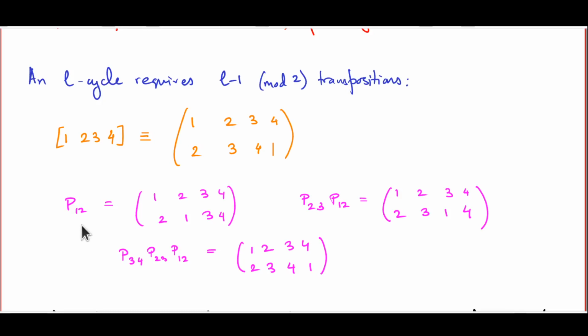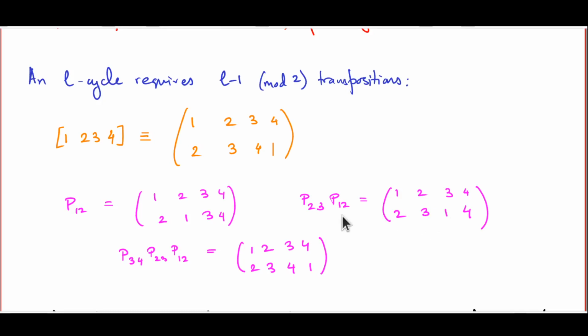This is a specific permutation which only transposes the first two elements. So of course, 1, 2, 3, 4 after the switch becomes 2, 1, 3, 4. Not what you want, of course. But after that you can apply the switch between 2 and 3, which I am denoting by P23 here. That switches the second and the third element. So 1 and 3, which were the second and third element after P12, become 3 and 1 respectively.